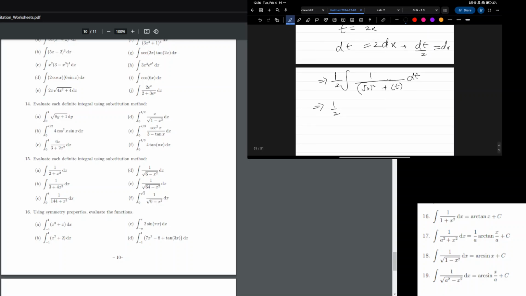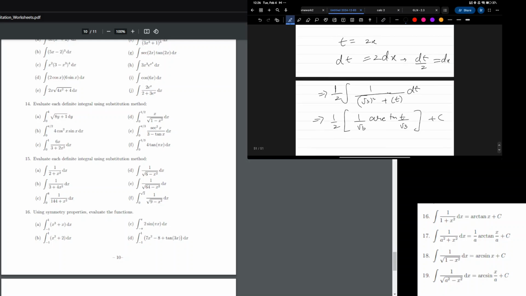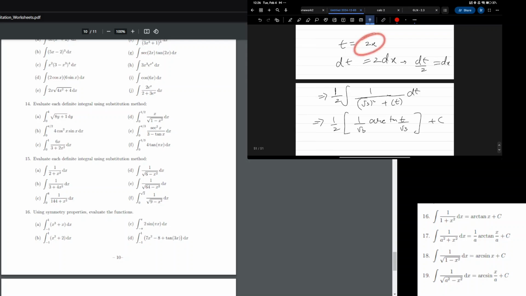So this becomes 1 over 2, there was 1 over 2 already outside, 1 over a, so a is root 3, arc tan x is t, like the variable is t, over root 3 plus c. Not right now. Outside plus c. Now our question was in the form of x, so we need to substitute back the value of t, which is over here.